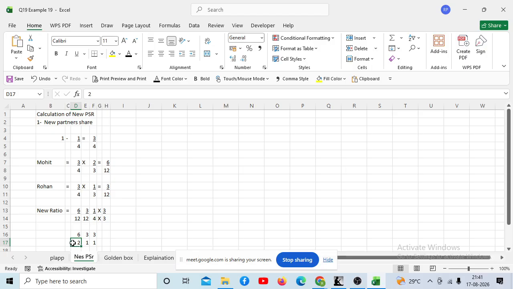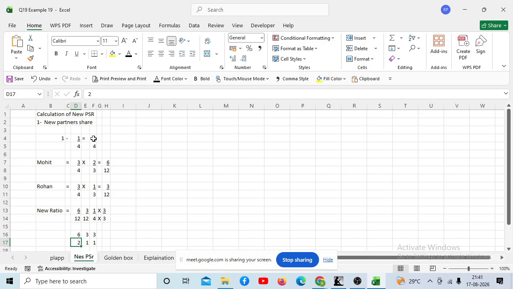Understood how we calculated the new ratio? Okay. Once again I am just repeating it. It is calculated as 1 minus new partner's share. We assume that we are having one roti. Out of that one roti, if we give 1/4, then the remaining roti will be 4 ones are 4 minus 1, 3 upon 4.